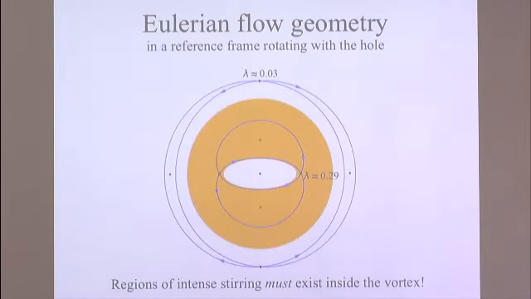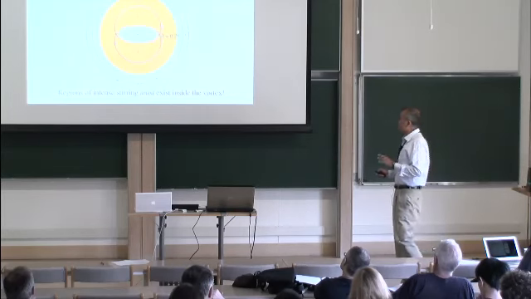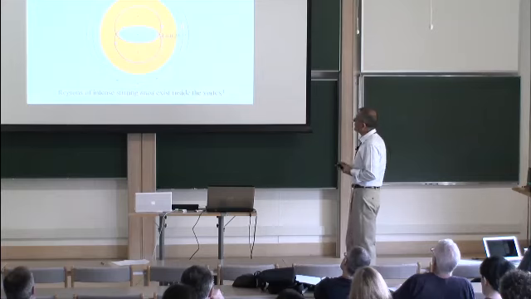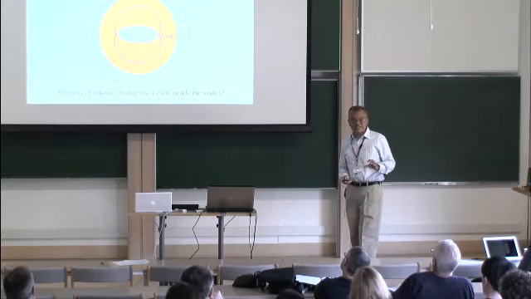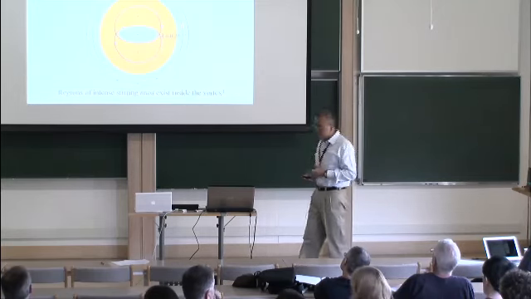Well, the best way to analyze the motion of the particles is using a frame that rotates with the holes. The reason is that this particular frame is the frame where the vortex and the hole are the closest to being steady solutions.